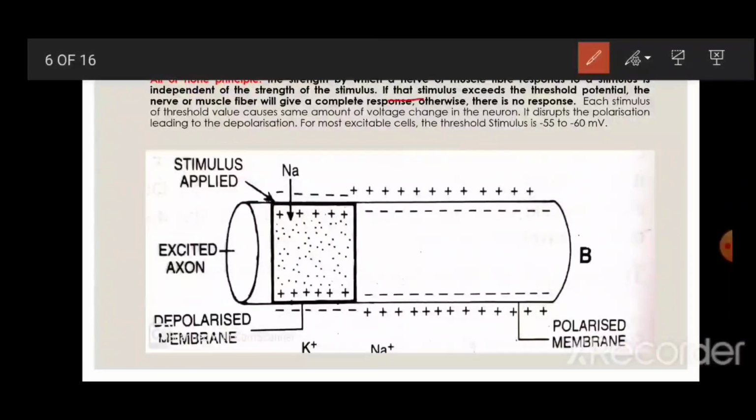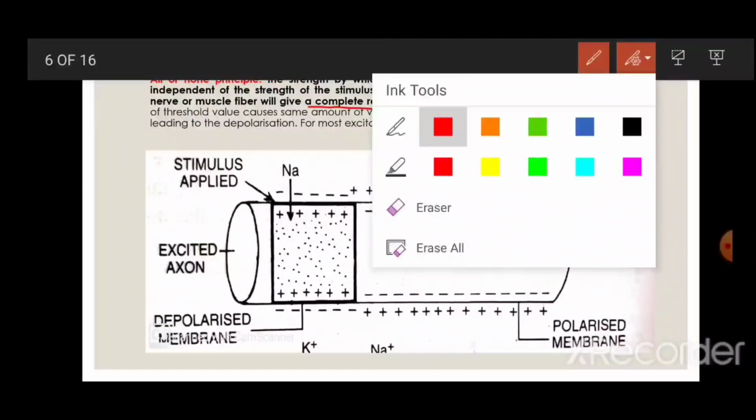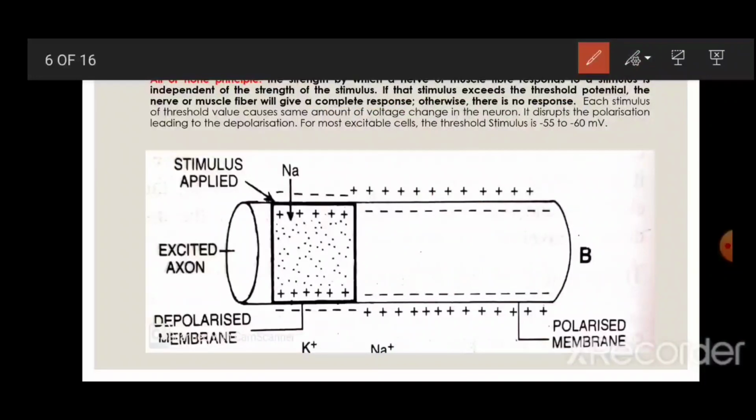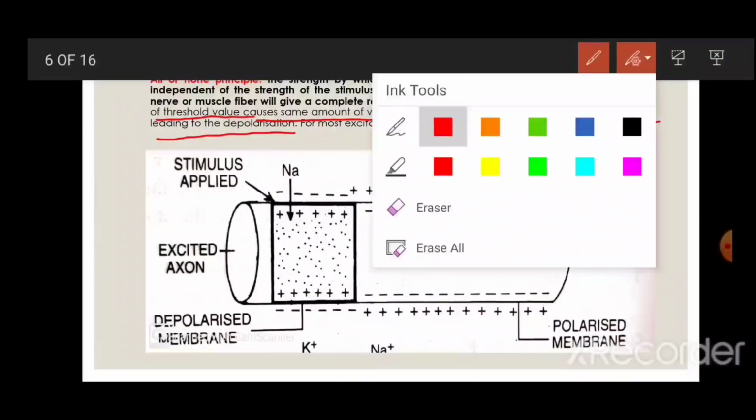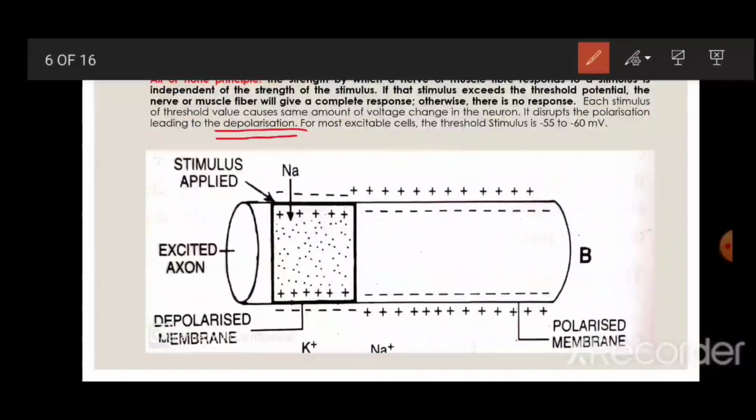And if that stimulus exceeds the threshold potential, the nerve or muscle fiber will give a complete response. So this is the all or none principle, and each stimulus of threshold value causes the same amount of voltage change in the neuron. It disrupts the polarization of the membrane, leading to a process called depolarization. So that's what we are going to study now.